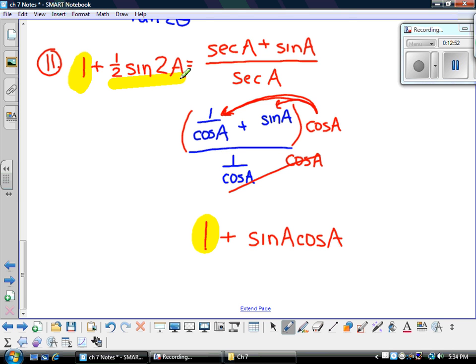So I'm going to go back and think in my head, what's the formula for the sine of 2a? The formula for sine of 2a is 2 times sine A cosine A. And then there's this 1/2 out front.